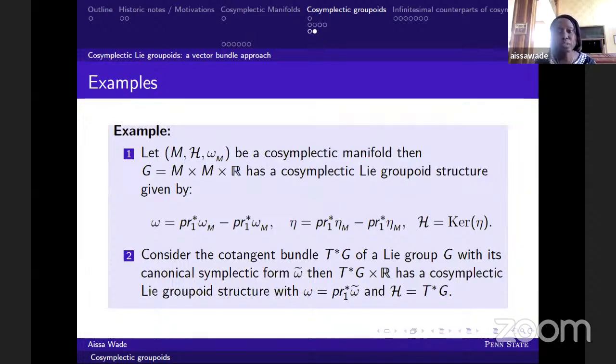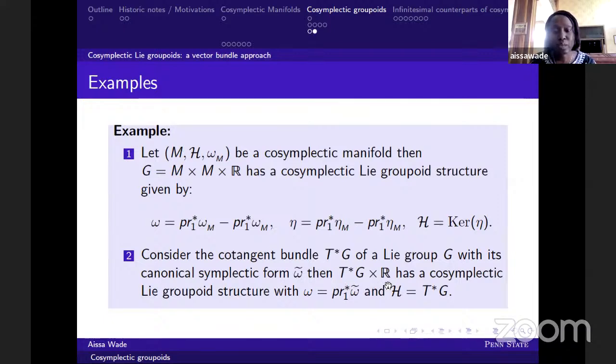So as an example, of course, these are very simple examples. If I start with just a cosymplectic manifold, from a cosymplectic manifold I can get a cosymplectic Lie groupoid. So these are easy examples. And then also, if I have a Lie groupoid, we know that on the cotangent Lie groupoid we have a symplectic structure. So the cotangent groupoid is a Lie groupoid.